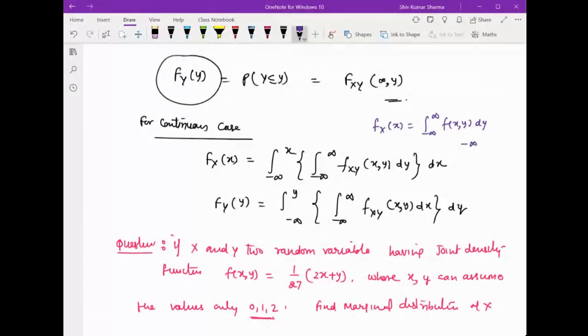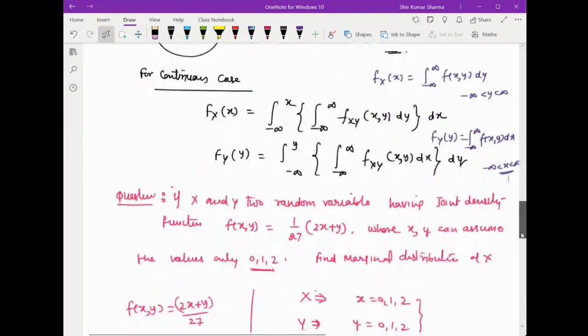For x, y lies between minus infinity and infinity. Or for the y case, f of y equal to the integral from minus infinity to infinity of f of x, y into dx, where x lies between minus infinity and infinity.